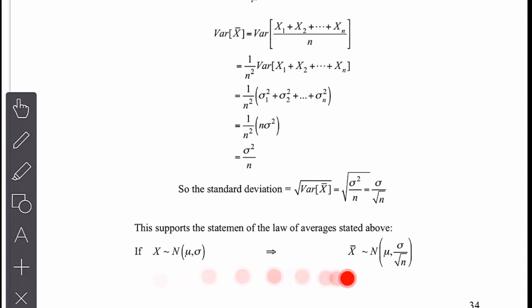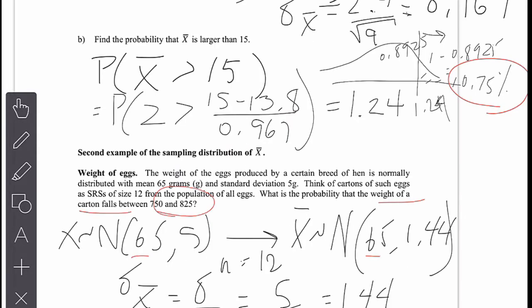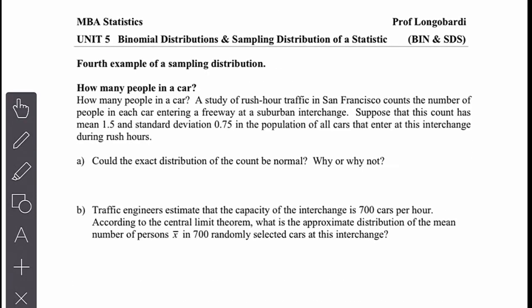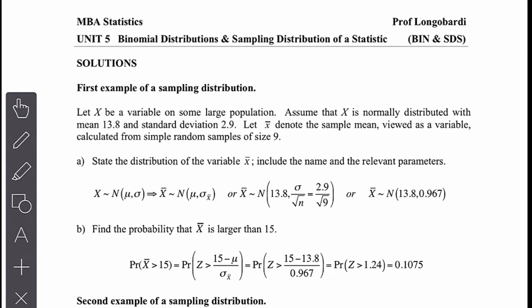This is the law of averages, and then the second statement is known as the central limit theorem. And I don't prove that, but you take it from me that both statements are foundation to sampling theory, in fact.